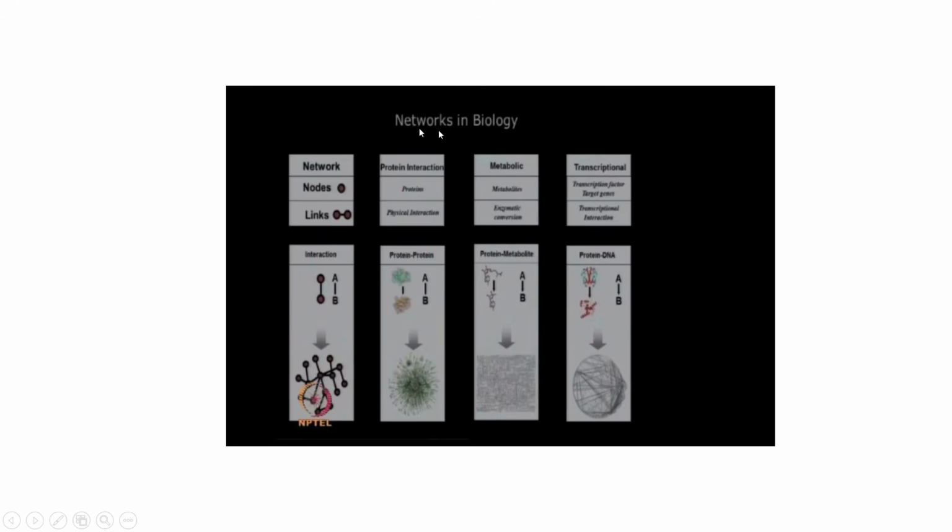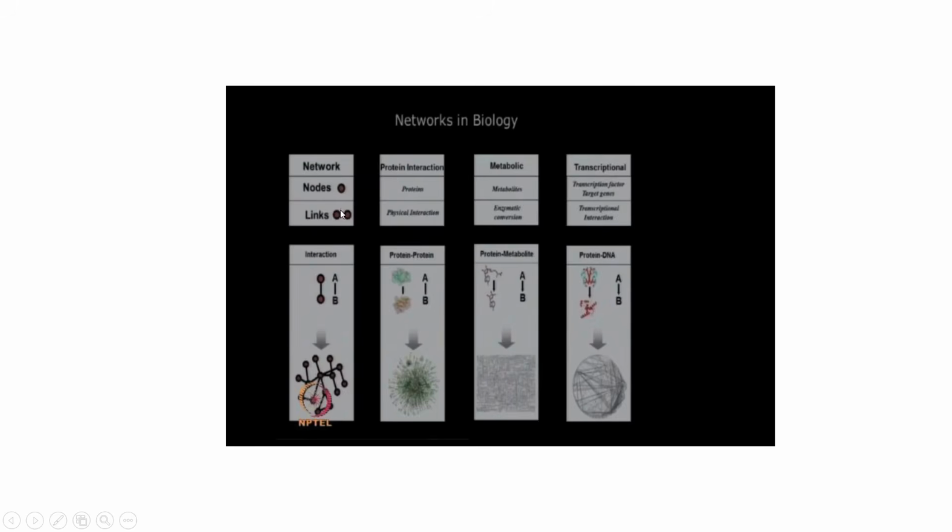So in order to study these networks, this is how they are shown. Each and every part or molecule is called a node, no matter whether it is a protein, a metabolite, or a transcription factor, whatever, that's the node. And if it has some interaction with another protein, if it is giving some information to another or helping in converting it to something else, those are depicted by links.